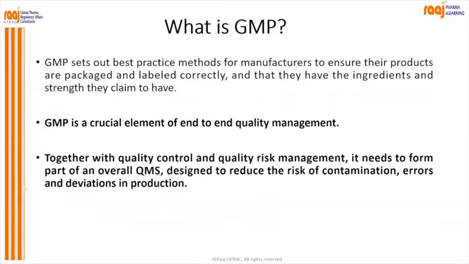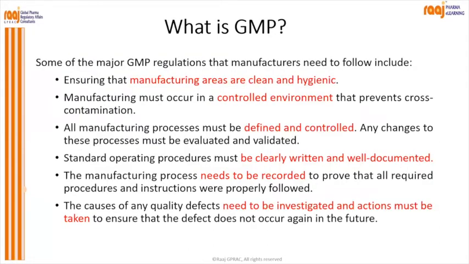Correct? Whatever you are claiming on the label should match the requirement. So GMP is a crucial element of end-to-end quality management, and together with quality control and quality risk management, it needs to form part of an overall quality management system, which will help you reduce the risk of contamination, errors, and deviations in production.